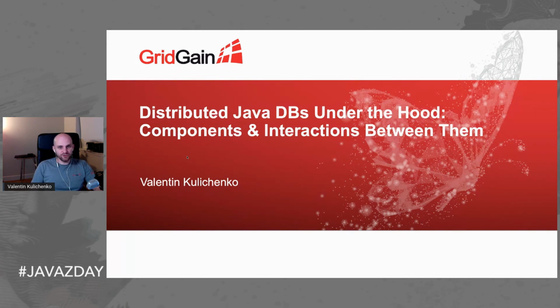So what I will do today, in order to describe the main components of this kind of systems and how they interact with each other, is create a very simple distributed database from scratch in Java. Of course, it will be a very primitive database with very few operations available, but nevertheless, it will be functional and it will demonstrate all those main concepts.